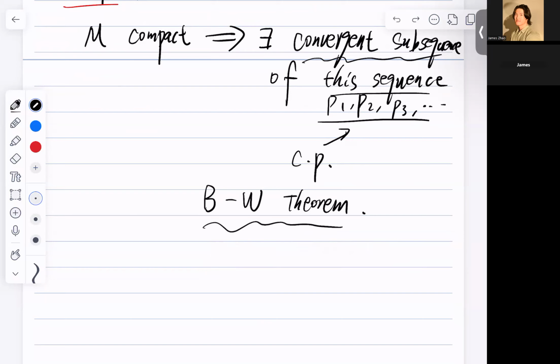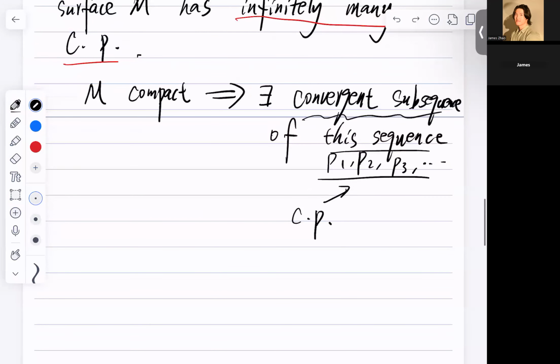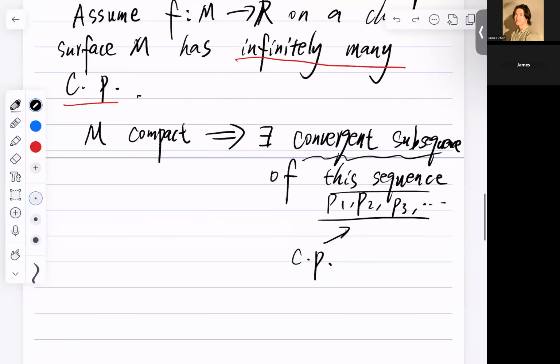The Bolzano-Weierstrass theorem basically states that every bounded sequence has a subsequence that's convergent. A compact set, being closed and bounded, basically ensures that our sequence is well behaved.